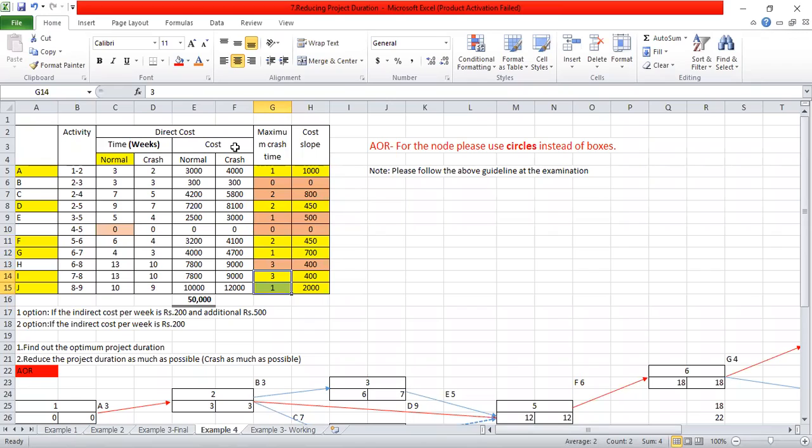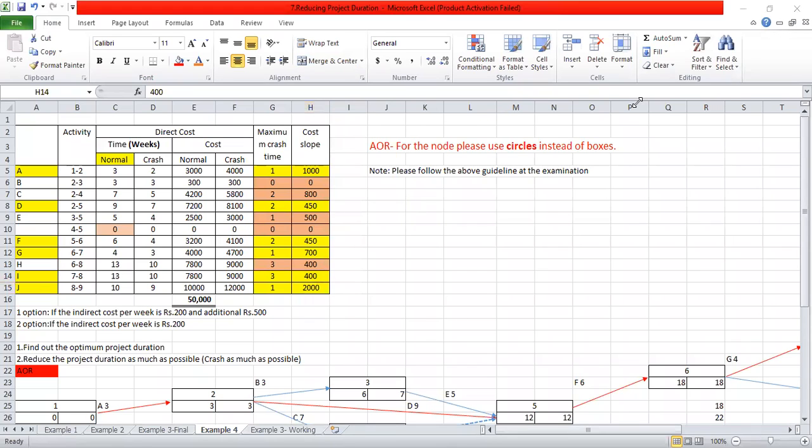The next thing we look at is the minimum cost slope. In the highlighted yellow cells, what is the minimum cost slope? 1,000, 450, 450, 700, 400, and 2,000. That means the lowest cost slope is on I, right? Very good. Activity I has it.